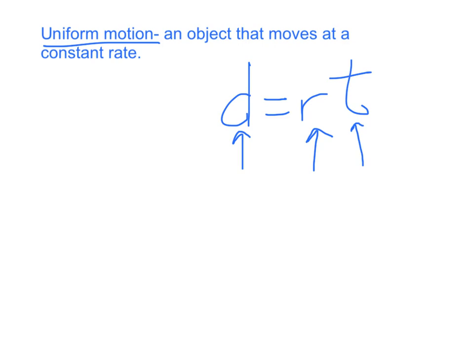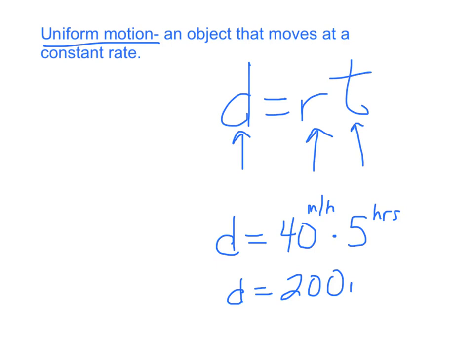So let's use a really easy example. How far would you go if you're traveling 40 miles an hour for 5 hours? 40 miles per hour for 5 hours. You would go 200 miles.